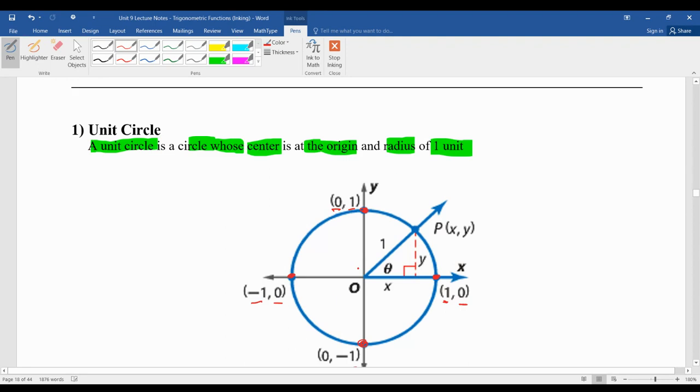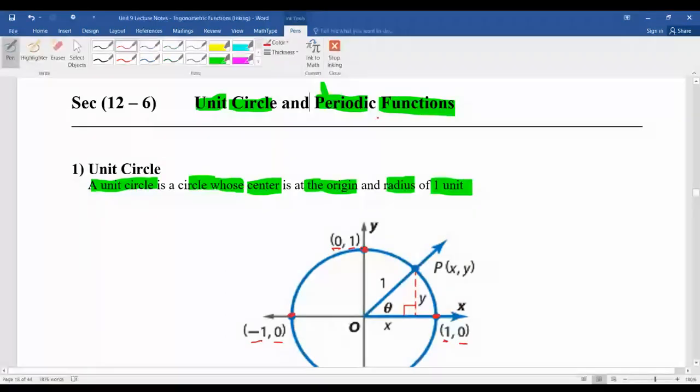Now, what is a periodic function? A periodic function is a function that repeats its values in regular intervals or periods.